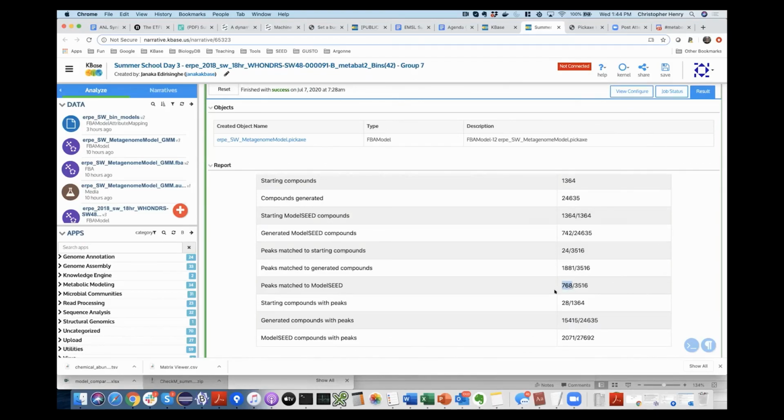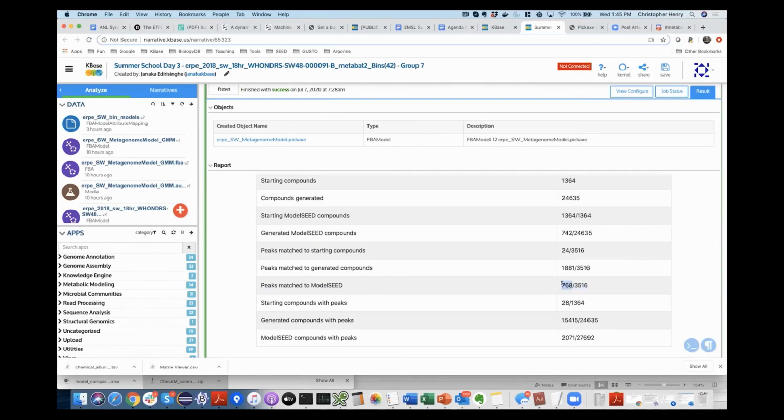How many peaks? Now, just as a crazy thing, this app doesn't need to do this to do what it does, but it also tries to find all these peaks in the ModelSEED. So if you take these 3,516 formulas, I'll drill this point home, 3,516 formulas that FTICR gave you after being annotated with Formulator, and you compare it to the formula of every known molecule in KEGG, MetaCyc, and other databases that are in the ModelSEED, something like 30,000 known biochemical molecules, you get 768 hits.